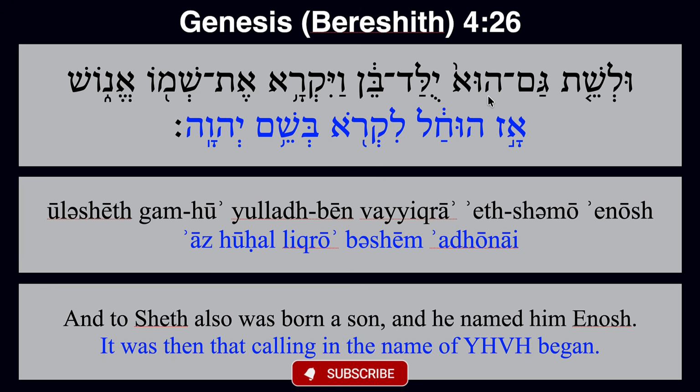And for Seth also there was a son born, and he called his name Enosh. Here we read, Az huchal likro beshem Adonai. Meaning, from then, the calling upon the name of Hashem began.